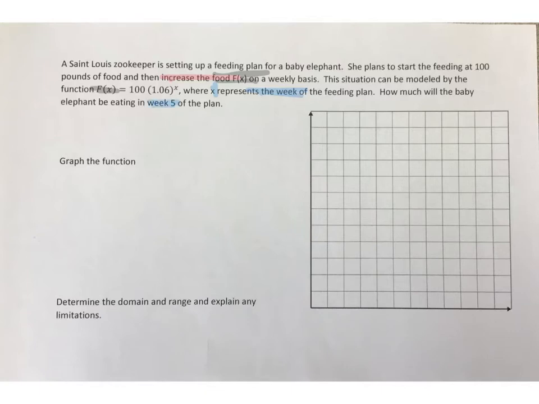So be mindful of what numbers you're using as your x values, because x values is weeks. So you wouldn't put -2 and -1 on the table because that doesn't make any sense, because -2 and -1 is not possible when you're talking in terms of weeks. So you would start your graph with 0 in the x column, and then you would go 0, 1, 2, 3, 4, and 5, because we have to get it all the way to 5.